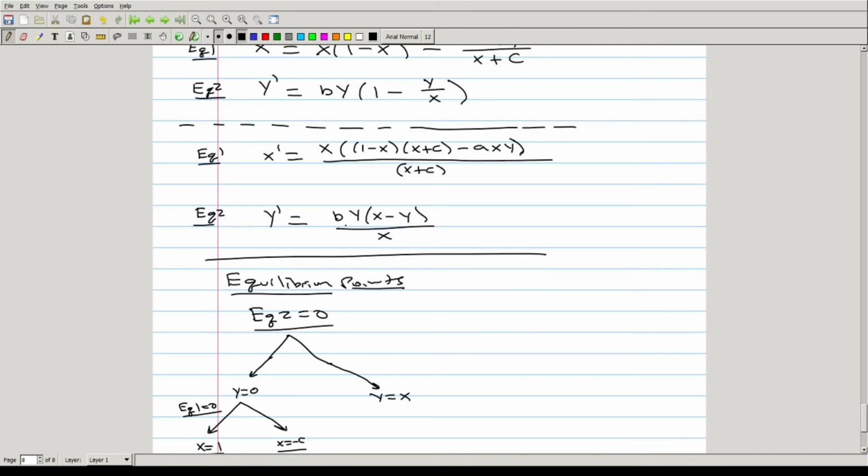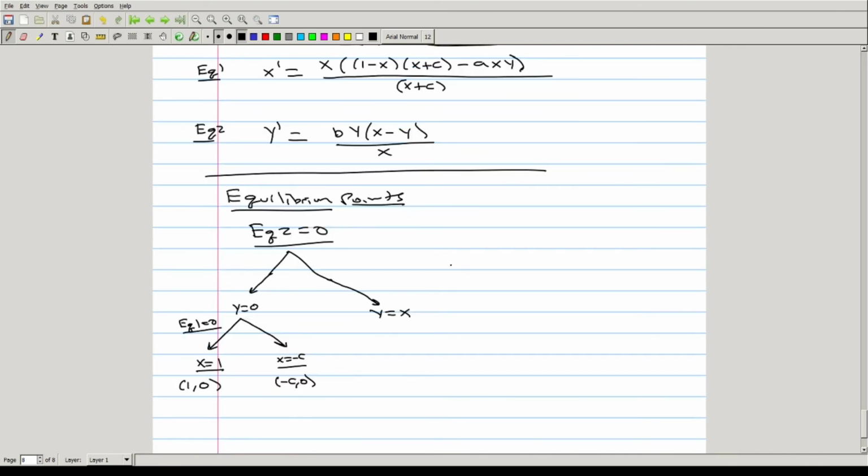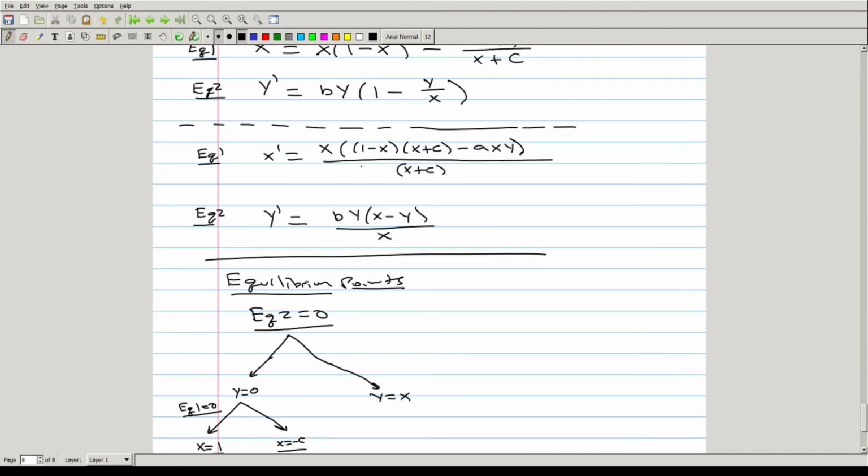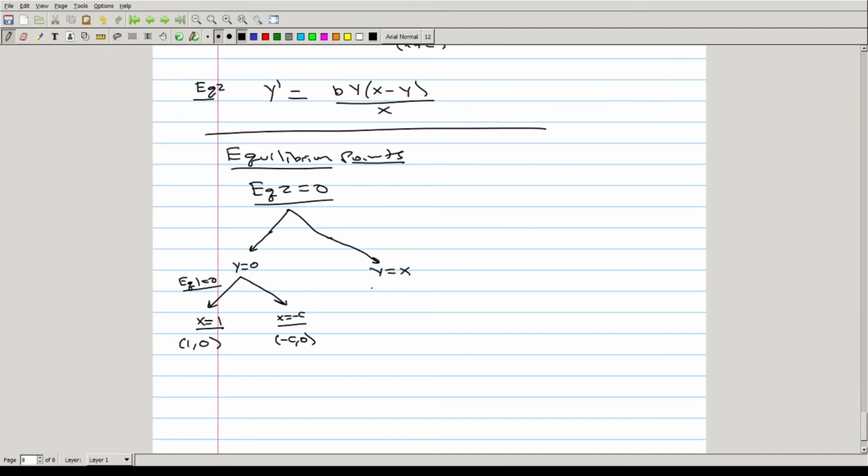So if y equals x, this numerator is 0, therefore this equation is 0. But then this right here has to be 0 in order to satisfy equation 1.